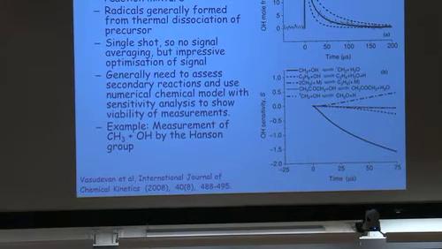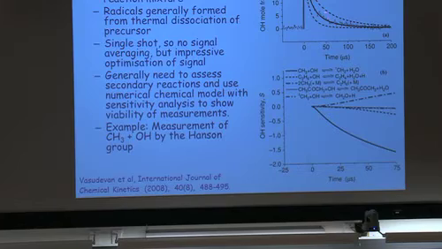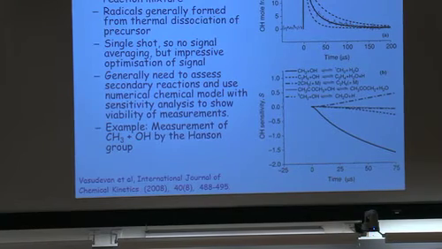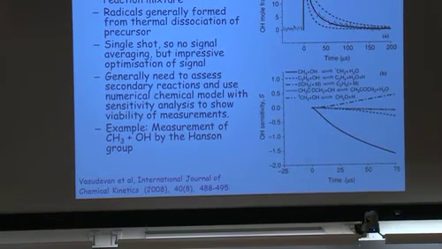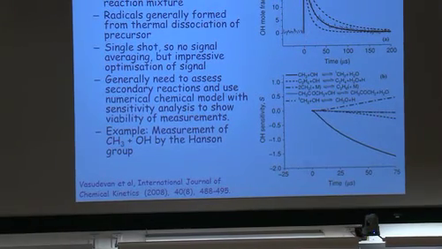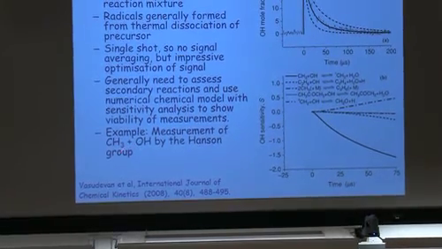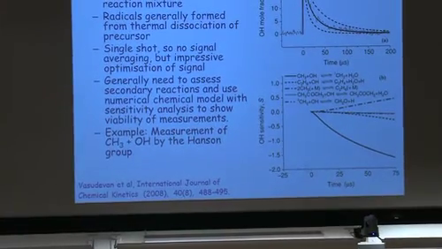And this is the best fit profile. Here's the profile if they reduce the rate coefficient by a factor of 2, and if they increase it by a factor of 2, and you can see that the decay is really very sensitive to this particular reaction we're interested in, CH3 plus OH.